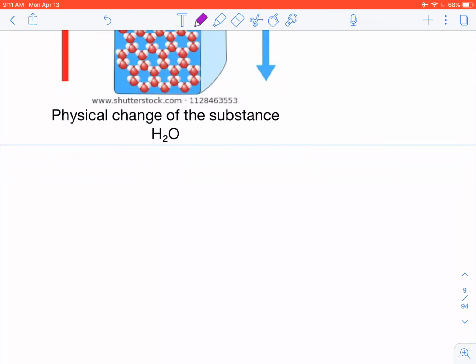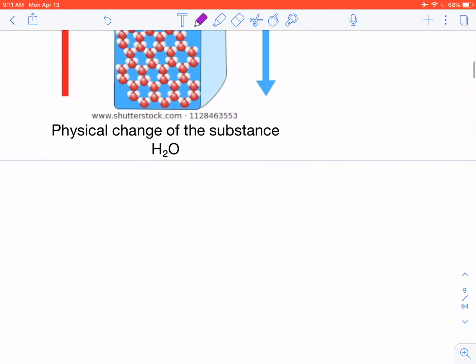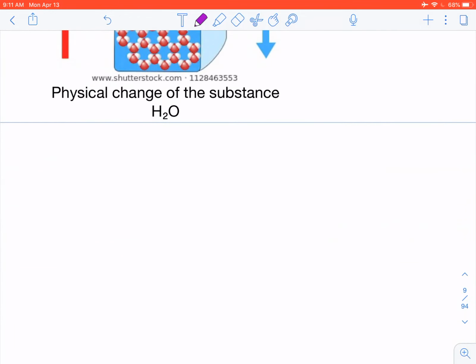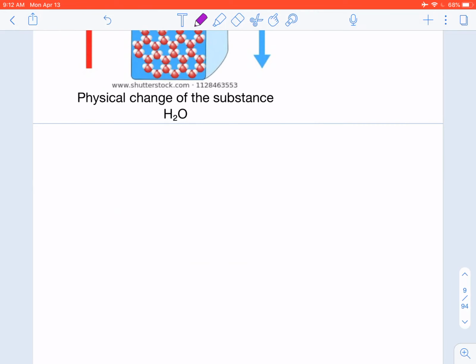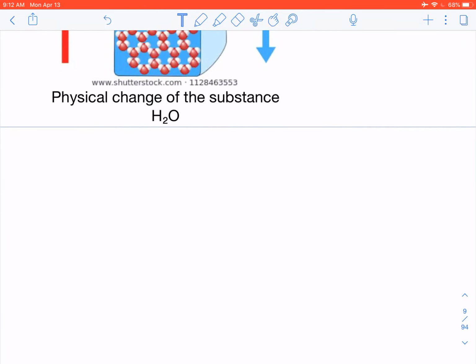We did the kinetic theory of matter at the beginning of the year, and we know that if we have a solid, in a solid we have a regular pattern, so that's our solid.